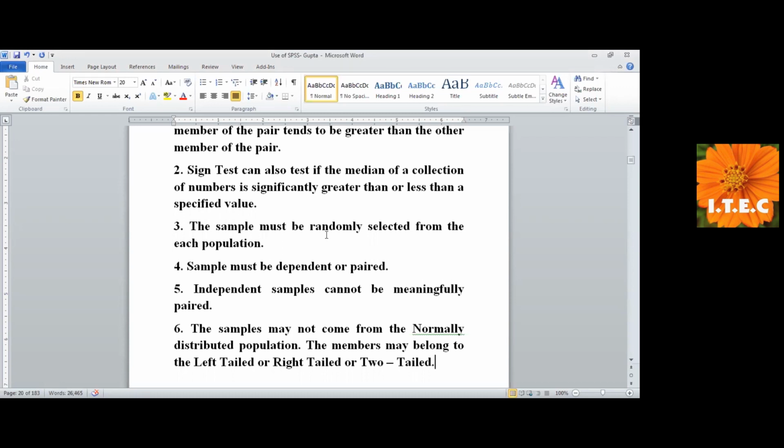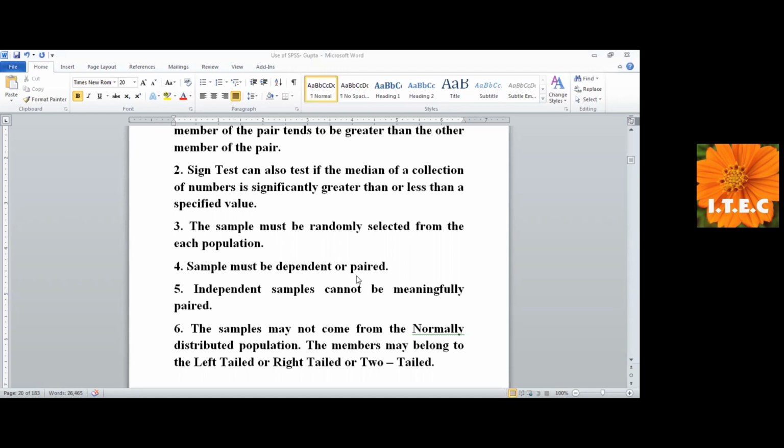You should select randomly so that it can be male as well as female. Once I say each population, it means a male population as well as a female population. That means your population is a heterogeneous one.